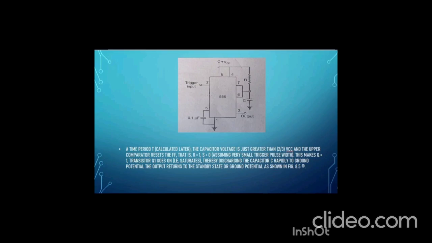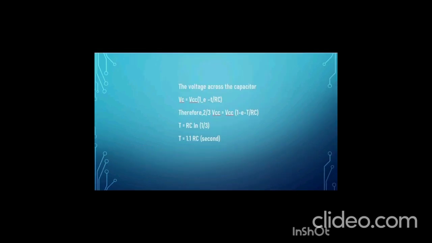Therefore, 2 by 3 VCC equal to VCC into (1 minus e power minus T by RC). T equal to RC ln 3, or T equal to 1.1 RC seconds.